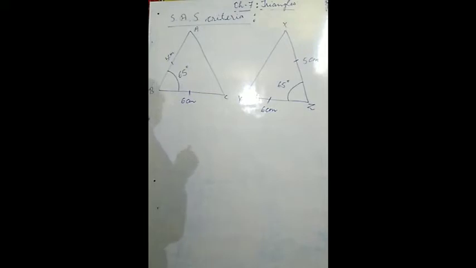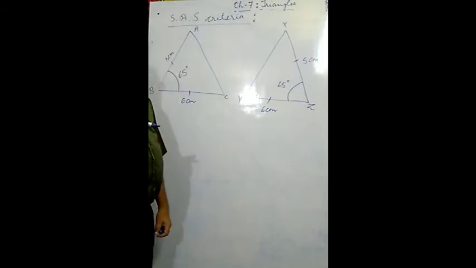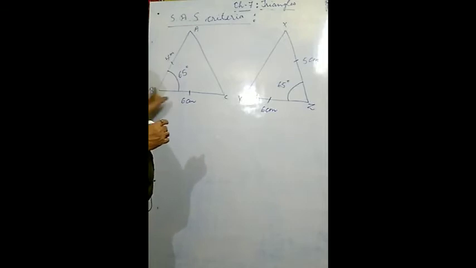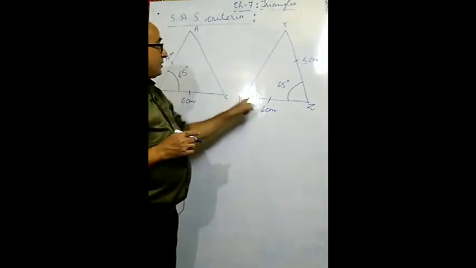Now we have to see what the matching part is. The matching part is prominent. If you are unable to match judiciously, you will fail here. Can you say that triangle ABC is congruent to triangle XYZ?